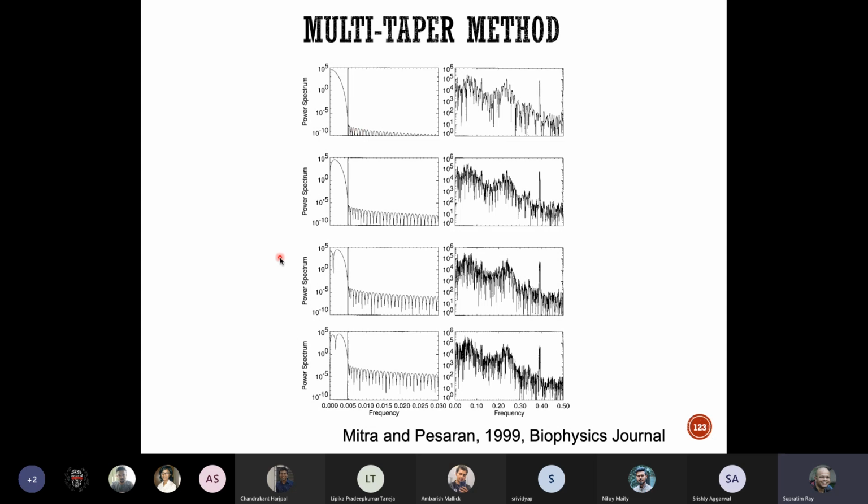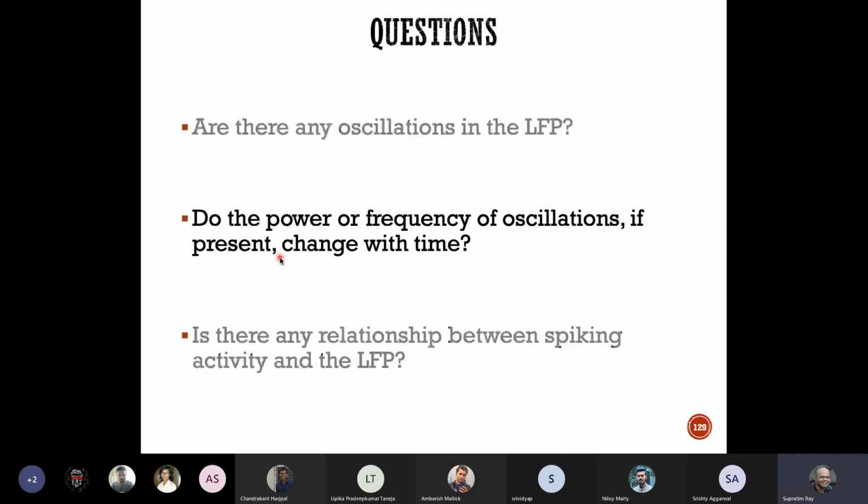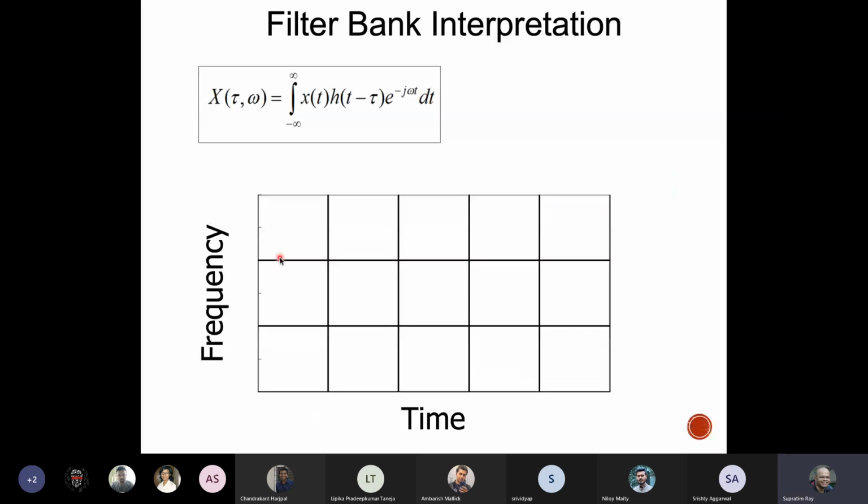Okay. But now, when I think of computing a windowed Fourier transform, forget about tau here. It's x(t) h(t) e to the power minus j omega t dt, right?